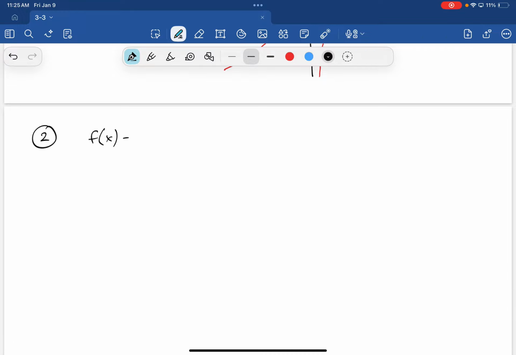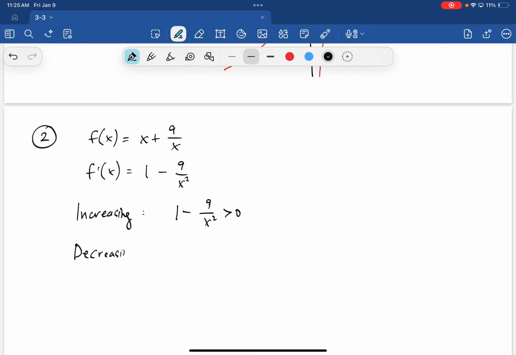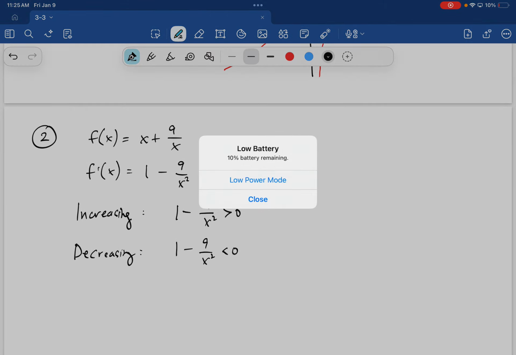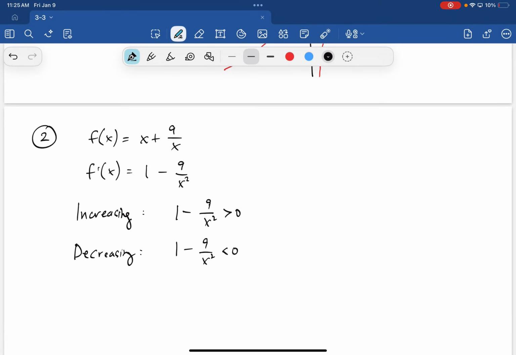So x is greater than 3 and x is less than -3 for increasing.